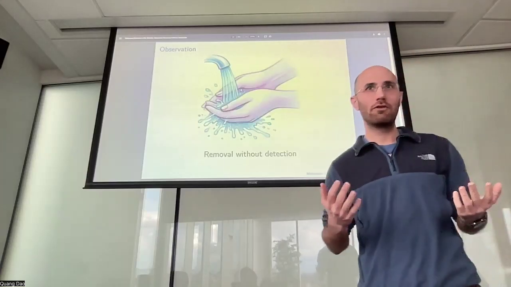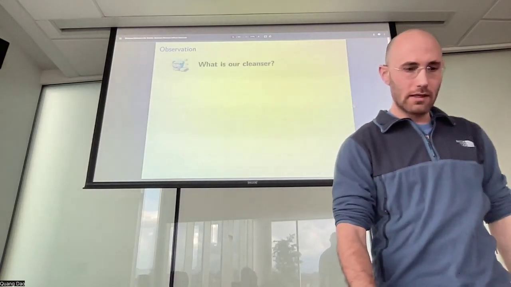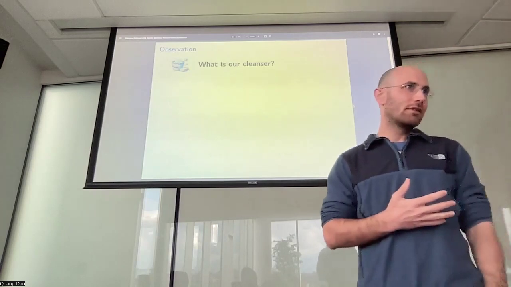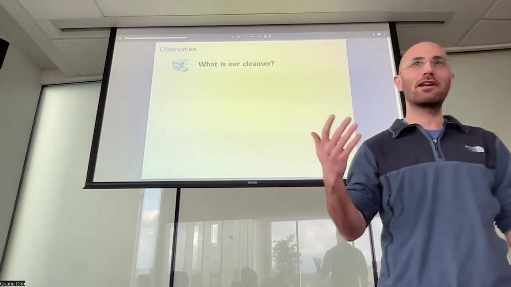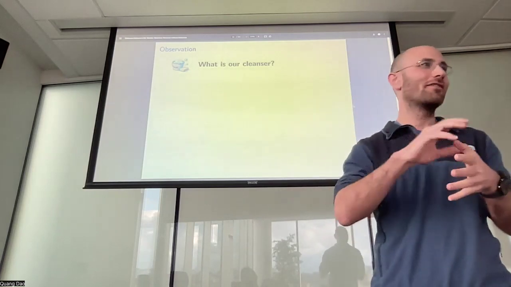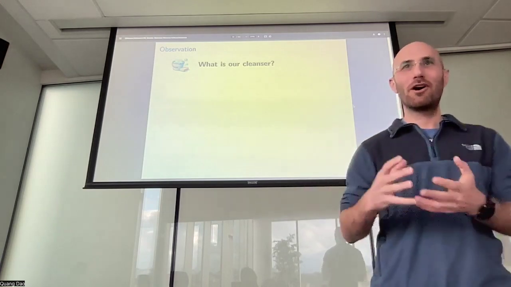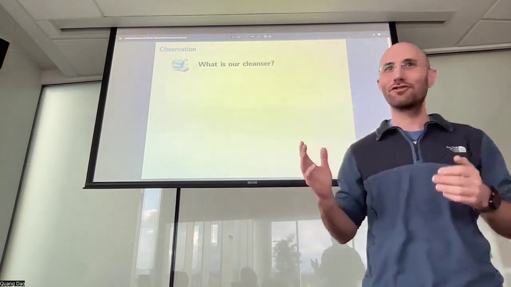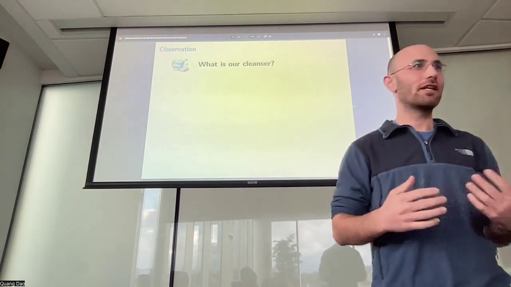But that's not the only way of removing stuff. Okay, so a nice observation, but the question now is, of course, what is this magical cleanser, some kind of hand sanitizer for machine learning models, that removes the backdoor? What would that be? Where would we get that?